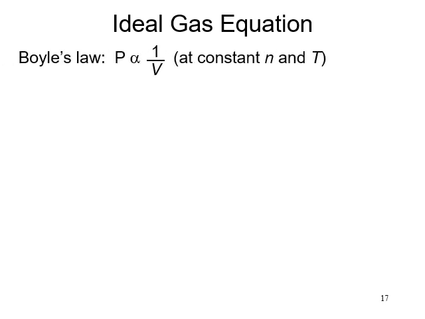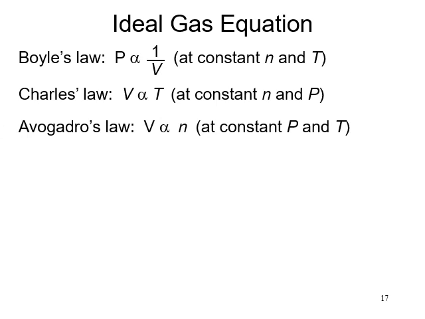So this all comes together to make the ideal gas equation. The ideal gas equation combines Boyle's law, Charles' law, and Avogadro's law. So if pressure is inversely proportional to volume, and then when we make it into an equal sign, we brought it over to the other side, and volume is directly proportional to temperature, temperature has to be on this side of the equation.